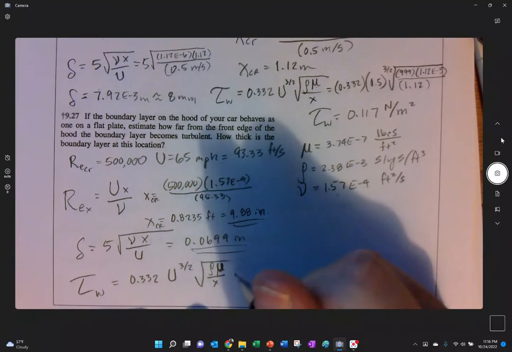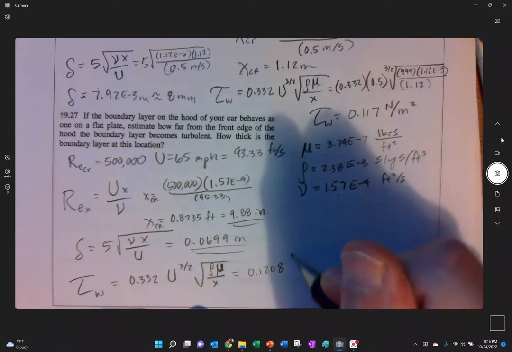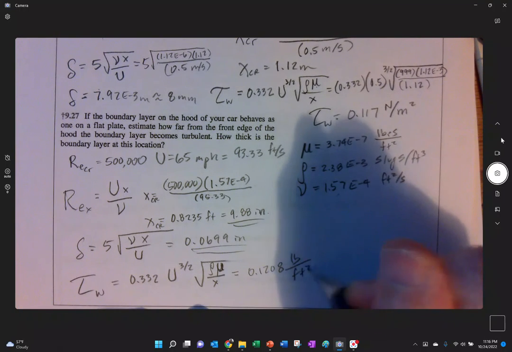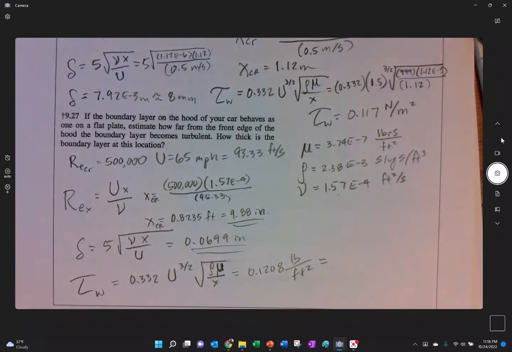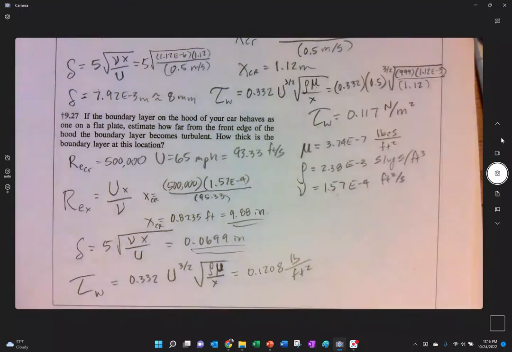We stick all those numbers into there, and we get 0.1208 pounds per square foot, and we could multiply that by 144, and we could see what we get for PSI, right? Am I saying that correctly? No, we would divide by 144, wouldn't we? Yes, we'd have to divide by 144.